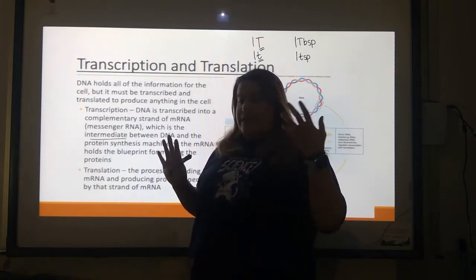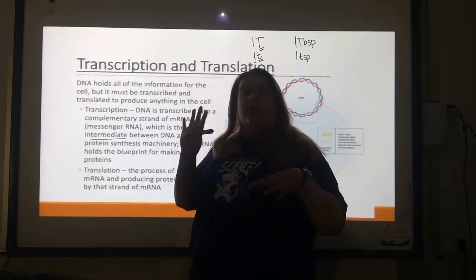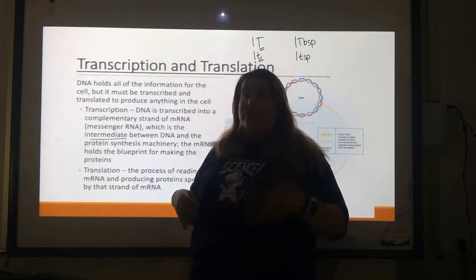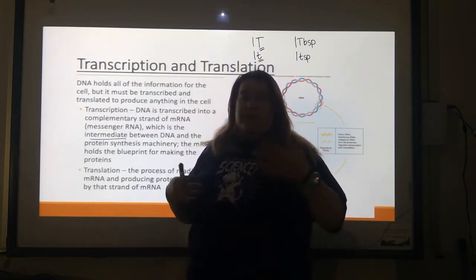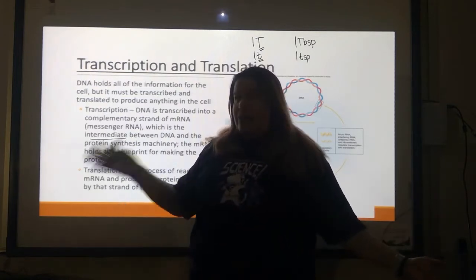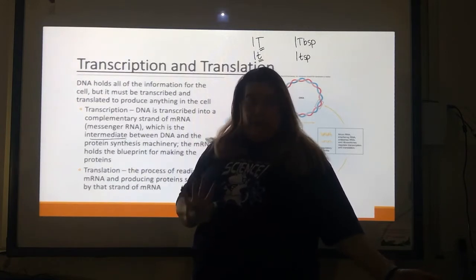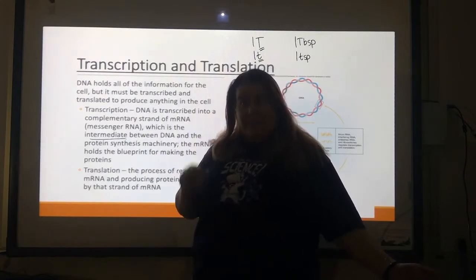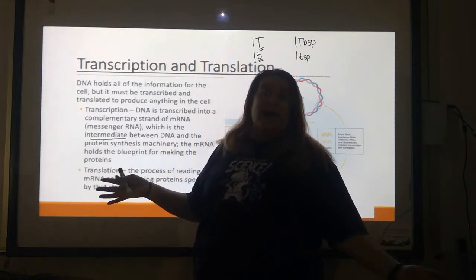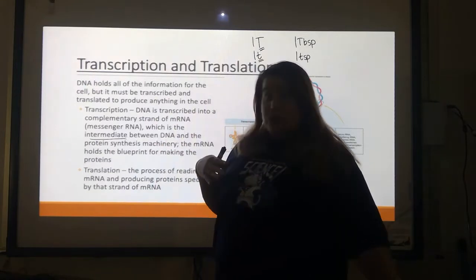They're not going to be mutated, they're not going to be cut, they're not going to tangle, they're literally safe. Just like reference books in a library, usually those are very rare or they're very expensive. So we don't want them outside of the library. That's why we don't take them anywhere. We keep them where they are. That is basically the same concept of why DNA stays in the nucleus and we take notes and then those notes leave.